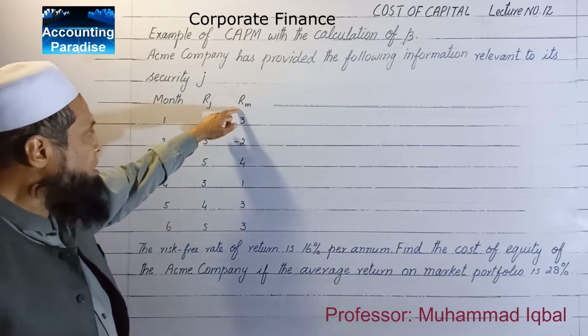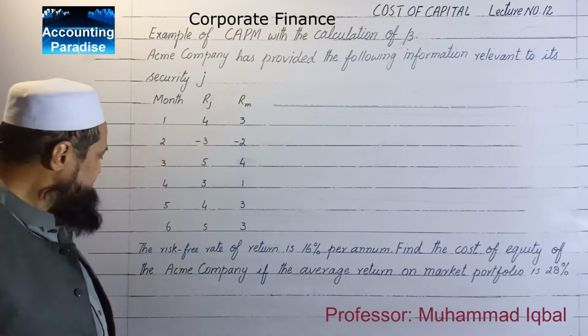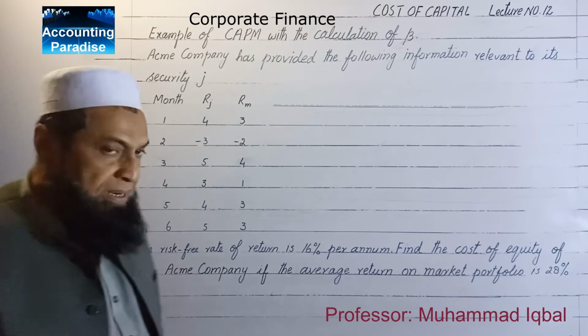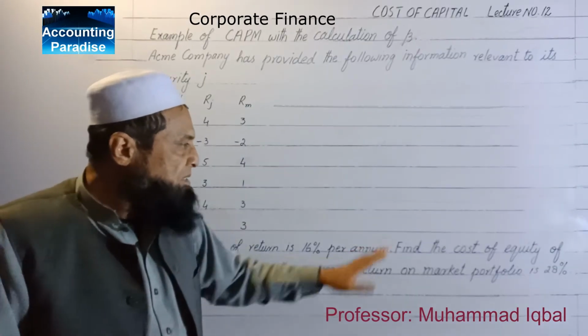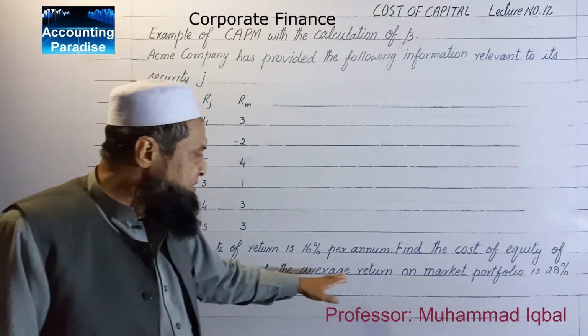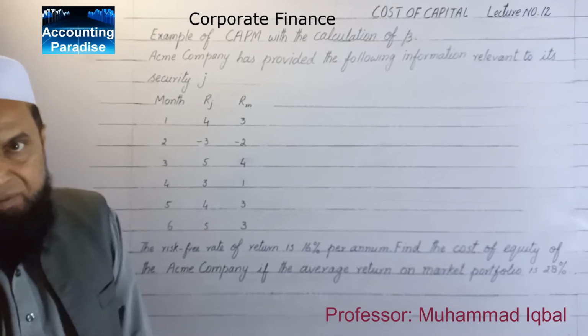Return on average market portfolio is this. The risk-free rate of return is 16% per annum. Find the cost of equity of the Acme company if the average return on market portfolio is 28%.